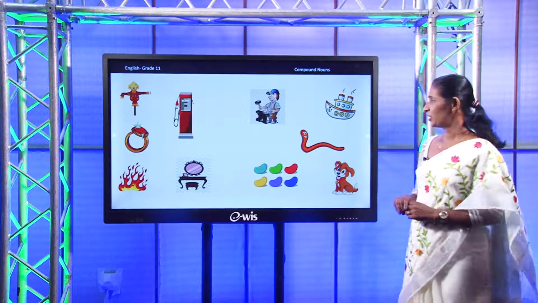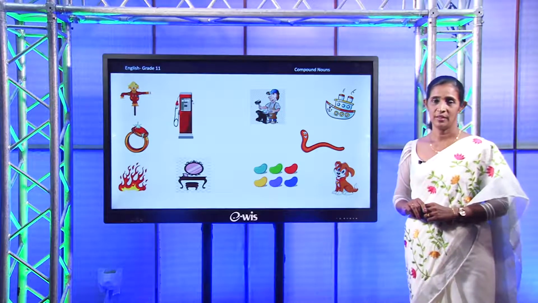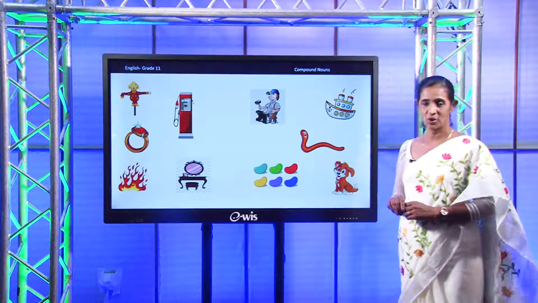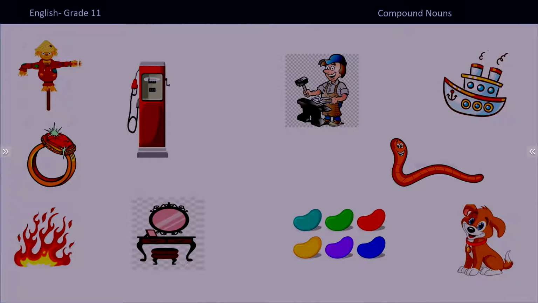Look at these pictures. This is the next activity. I think you can identify the pictures. Just take 1 minute and see whether you know these pictures. There's a scarecrow. There's a worm. Look at the other ones, they're easy pictures, and beans. Okay, there are some words.